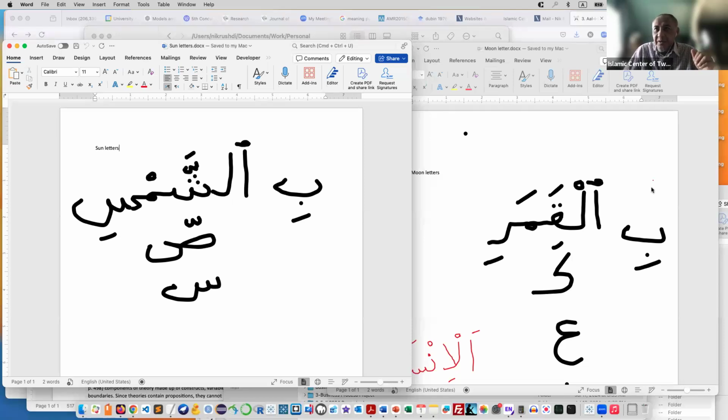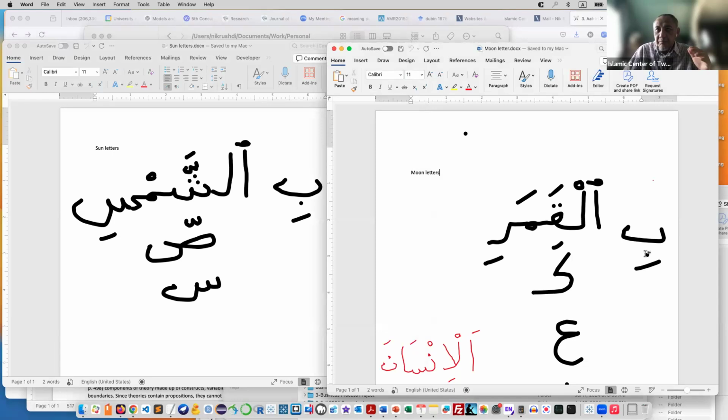All right. So for example, this one here is bil qamari, right? Bil qamari. Okay. So other moon letters are like kaf and ain. Okay. We had a tough one when we were trying to pronounce this one. Remember we had that last time? And so you've got alif lam, right?